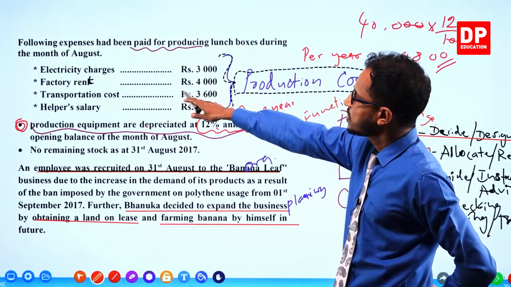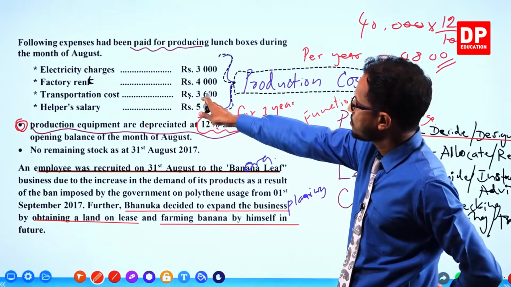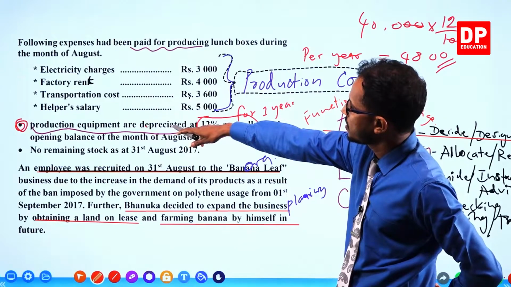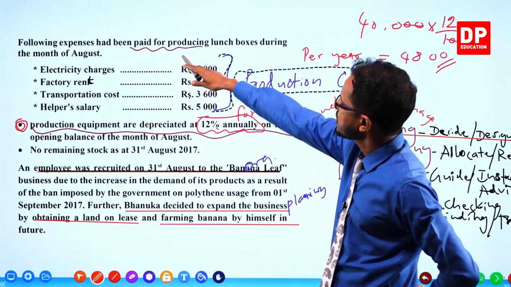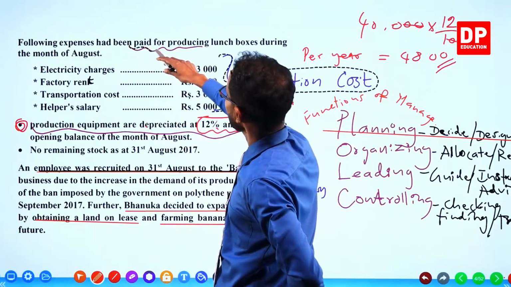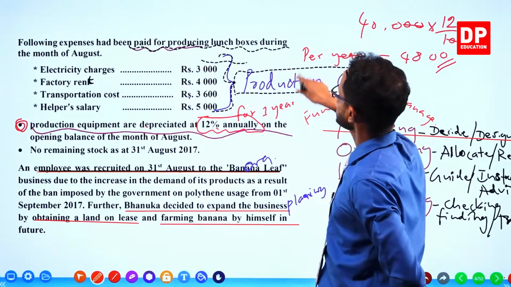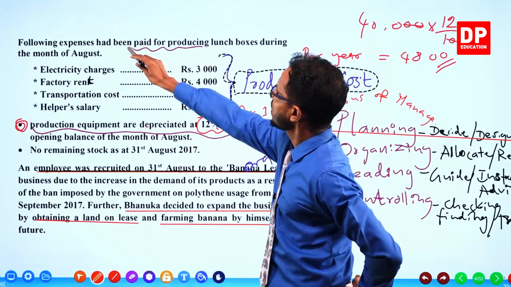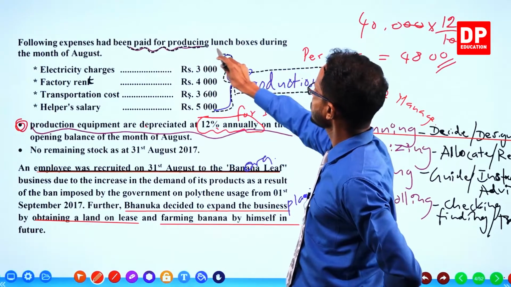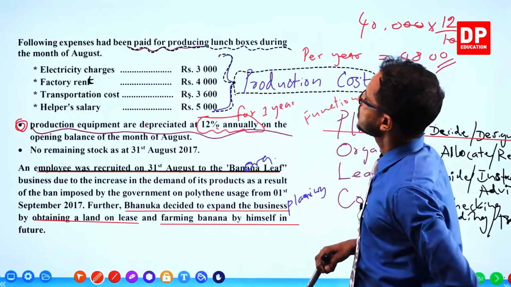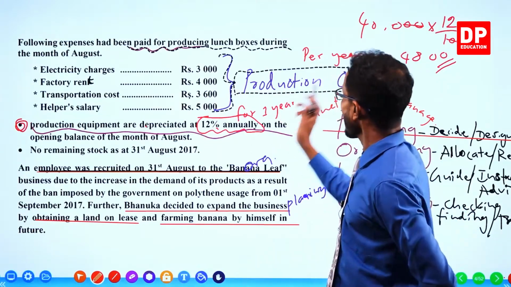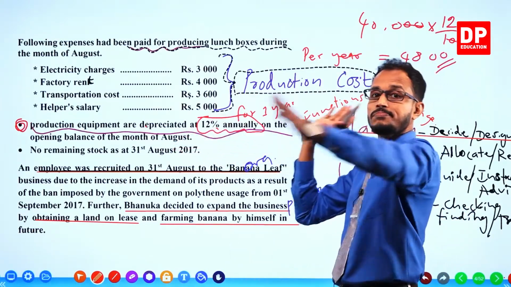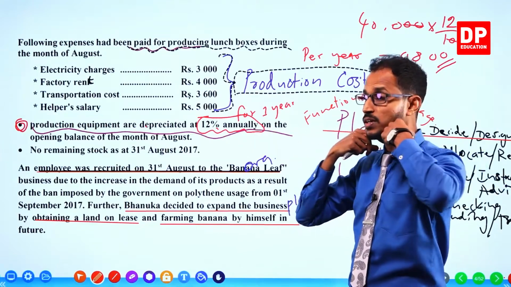Electricity 3,000, factory rent 4,000, transport 3,600, paid for producing lunch boxes.